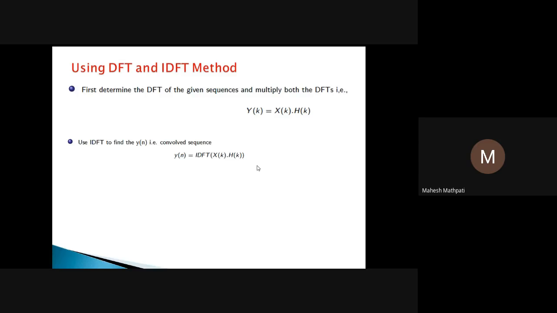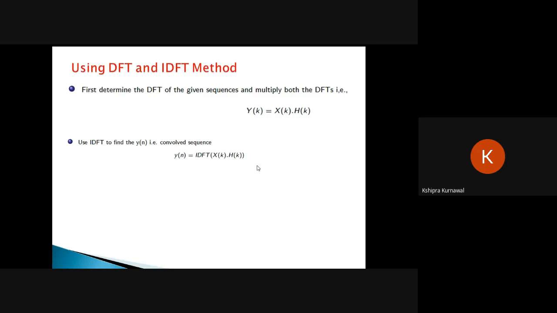Let's take an example: find the circular convolution of x of n equals 4, 3, 5, 2, that is x1 of n, and x2 of n equals 3, 4, 1, 2. Have you noted the question?